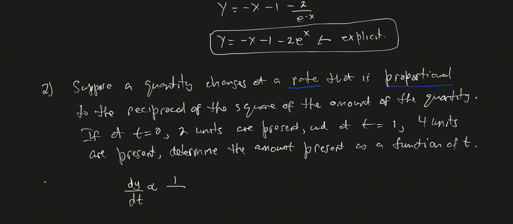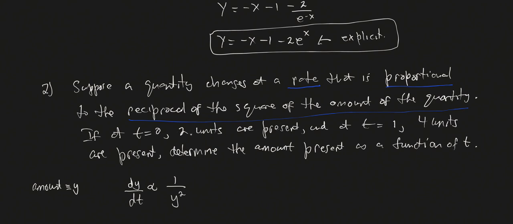Well, the amount is y, right? I am letting the amount be represented by y. That's why this is the rate of change of the amount. And if I now have to write down an expression for the reciprocal of the square of the amount, this is what I would have, all right? So the 1 over y squared is the reciprocal of the square of the amount, right? So that gives us our statement of proportionality. Now let's see, what else does it say?